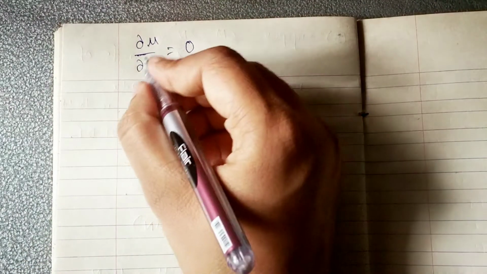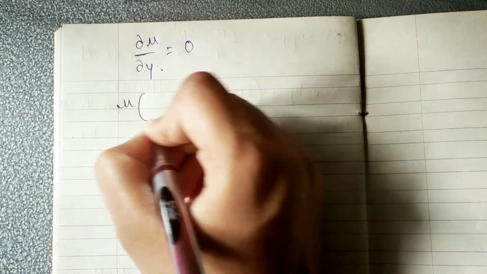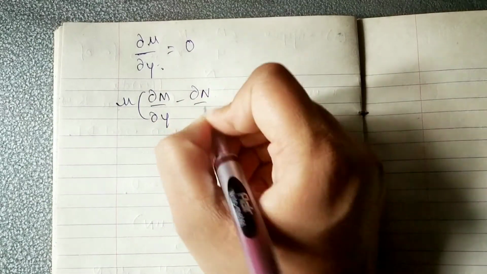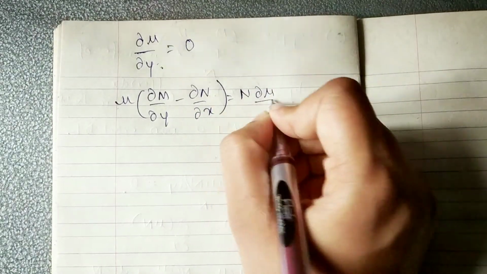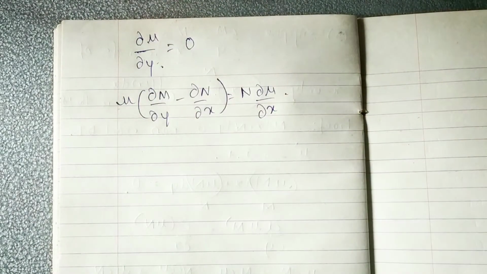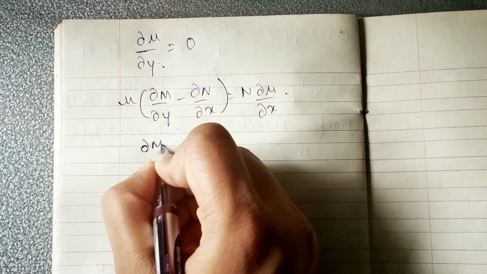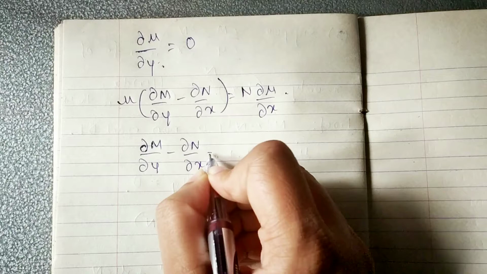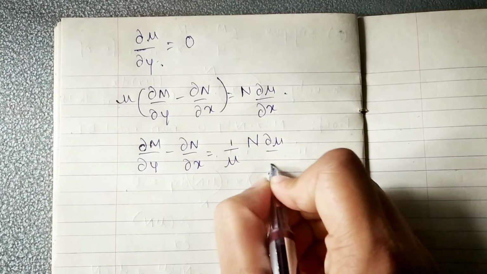Now substituting this value, we get mu into (dou M by dou y minus dou N by dou x) equal to N into dou mu by dou x, because the dou mu by dou y term will be 0. This implies dou M by dou y minus dou N by dou x equal to 1 by mu times N into dou mu by dou x.